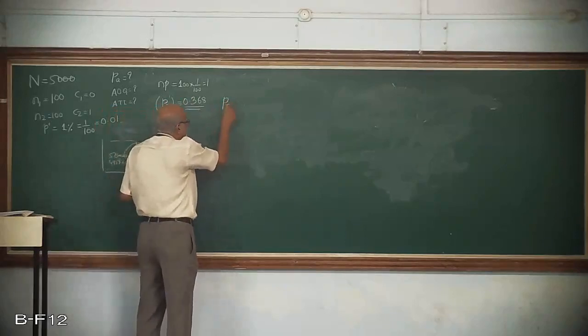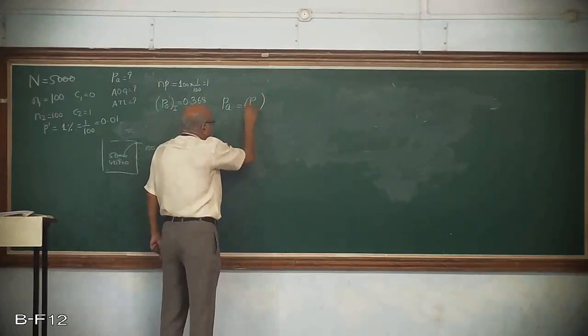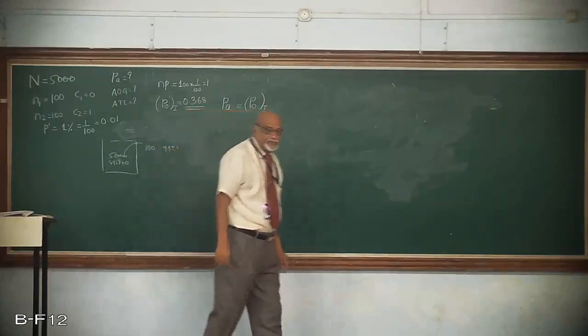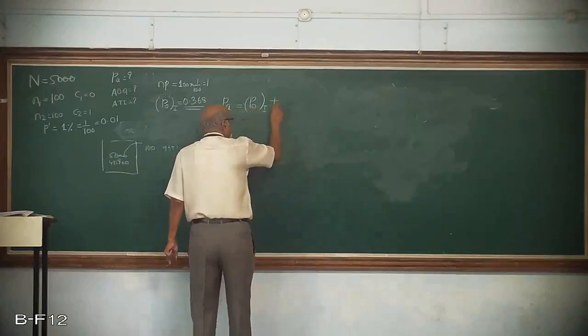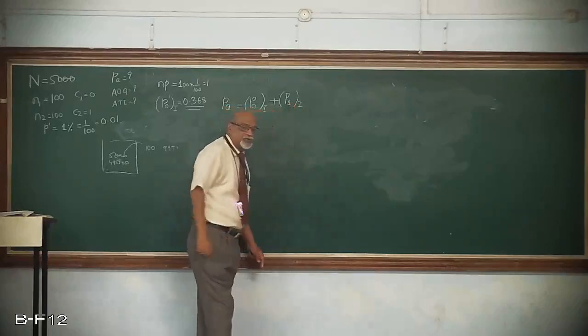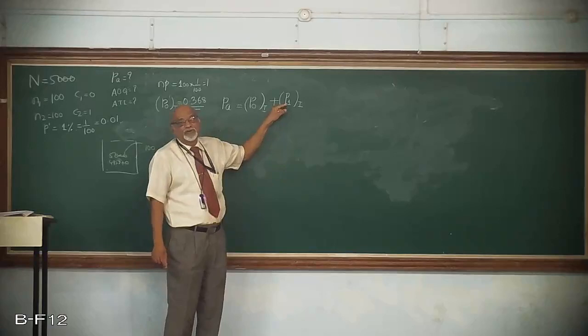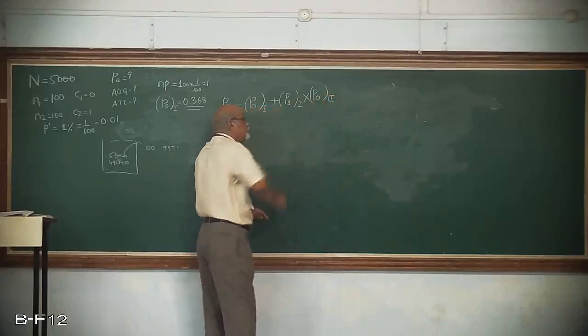In general, if you want me to write, what will I write? Total probability of acceptance. Probability that the first sample contains zero defective. Next one, what do I have to write? Probability that the first sample contains one defective, followed by, and probability that the second sample contains zero defective.